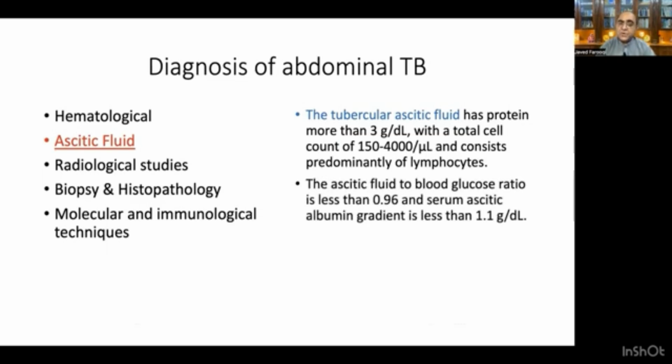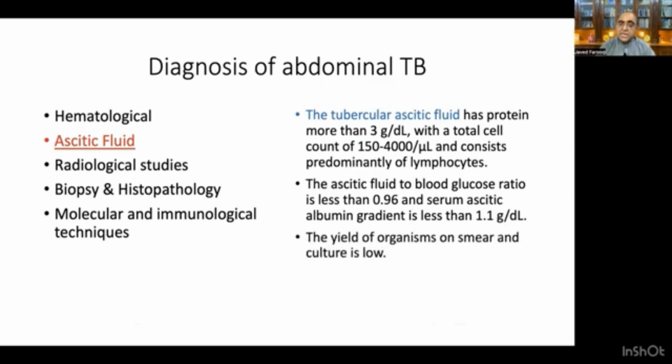The ascitic fluid to blood glucose ratio is less than 0.96 and the serum ascites albumin gradient, SAAG, is less than 1.1. This is another aspect of the ascitic fluid examination.